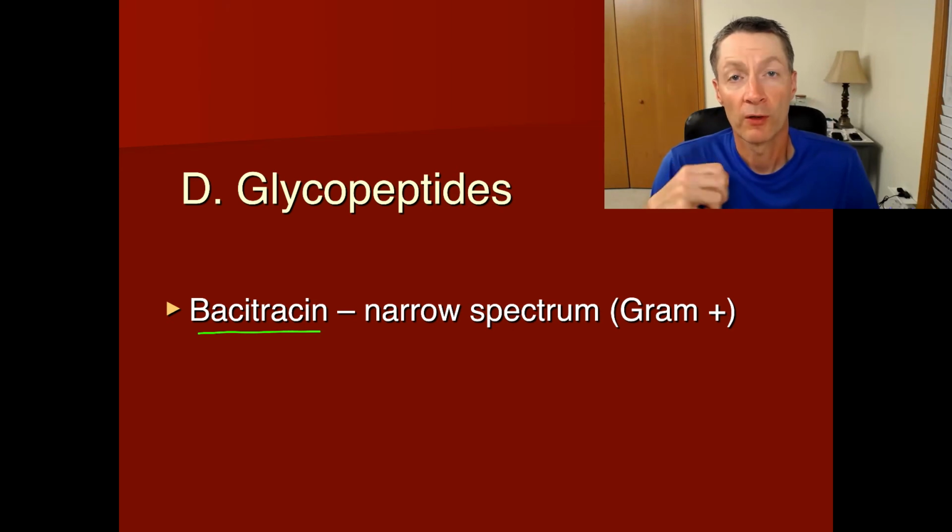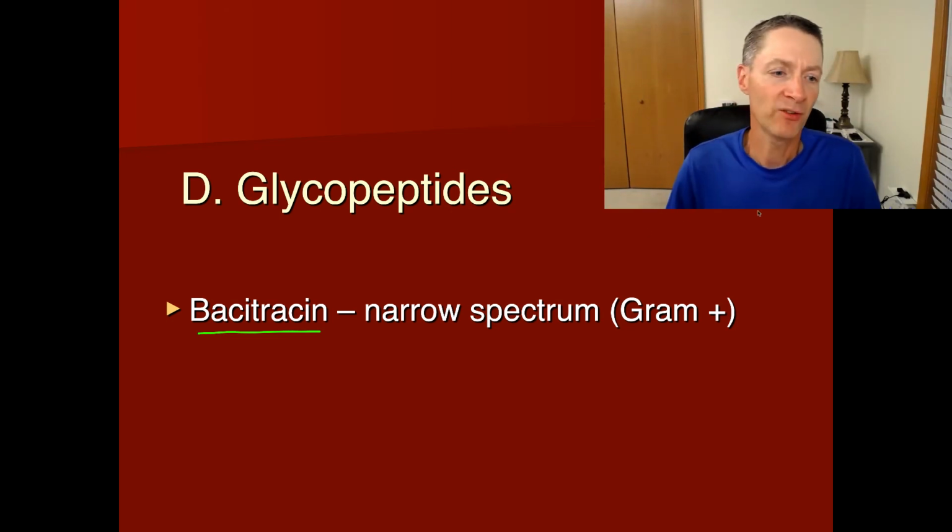One of the organisms we tend to find antibiotics are produced by, and we steal these ideas, is Bacillus species. Bacitracin happens to be one of those stolen ideas. The original chemicals that gave us the idea for bacitracin come from Bacillus species. Now, bacitracin happens to be narrow spectrum against gram-positive organisms.